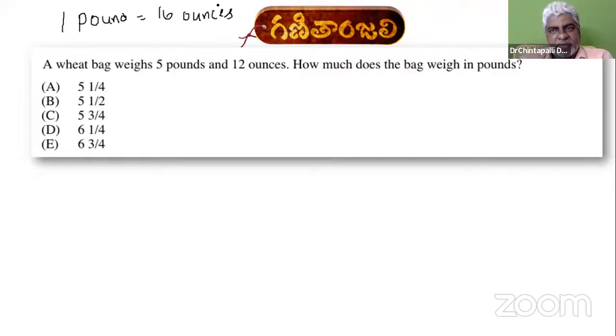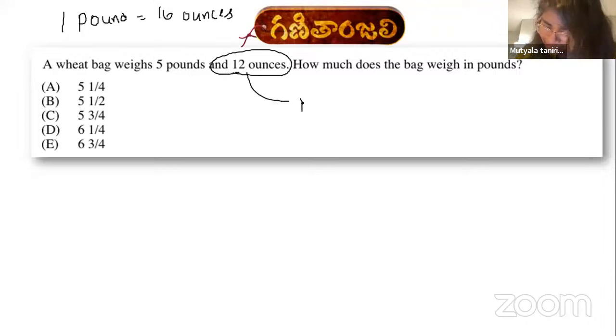How much does the bag weigh in pounds? Simple question. Convert that into a mixed fraction. Just convert 12 ounces into pounds. That means 12 by 16 pounds.